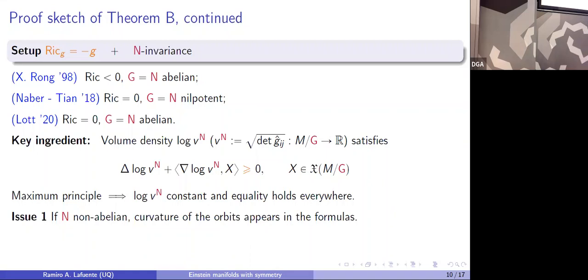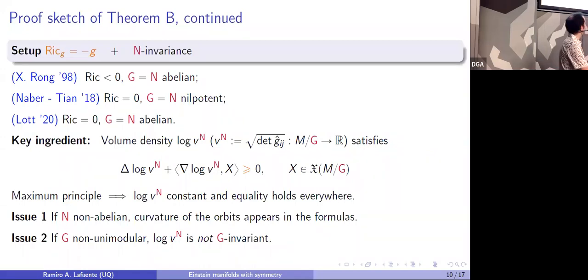But in this case, there will be curvature of the orbits. And because our group G is non-unimodular, the volume density of the N orbits will not be a G-invariant function. Remember, G is the Borel, N is the nilradical of the Borel. You want a G-invariant function because the quotient by G is compact. The quotient by N is not compact. So you cannot use the maximum principle.